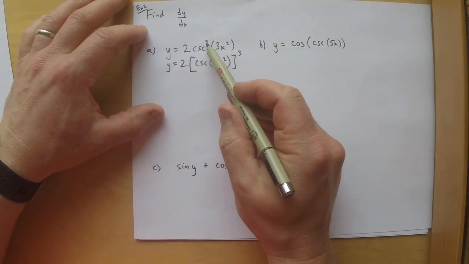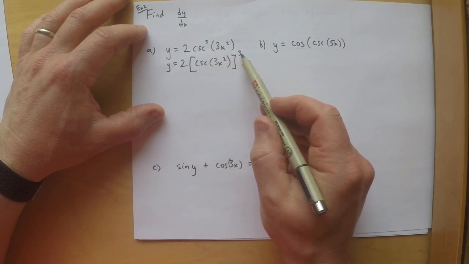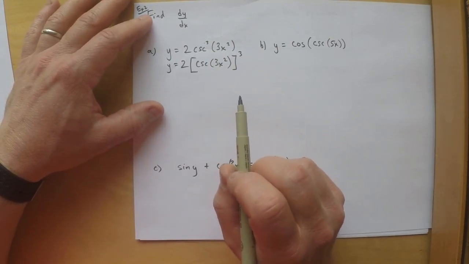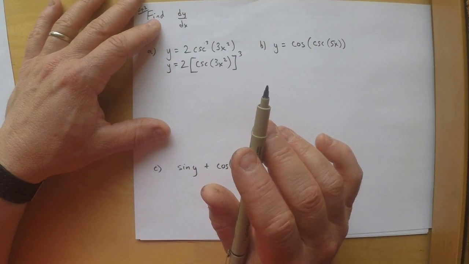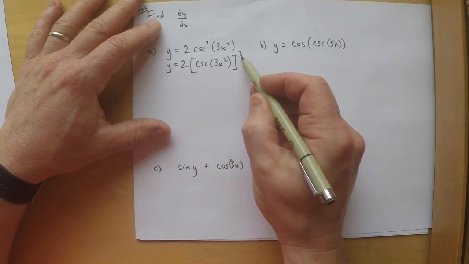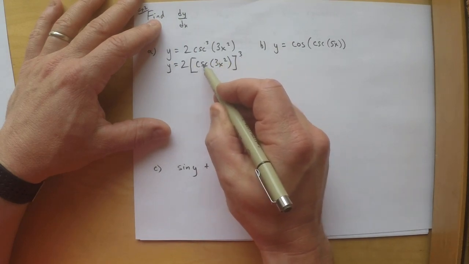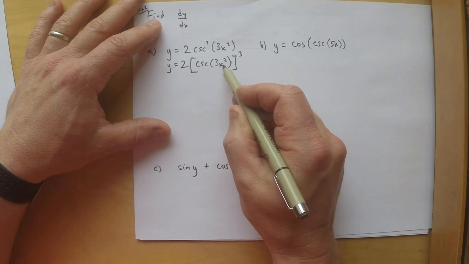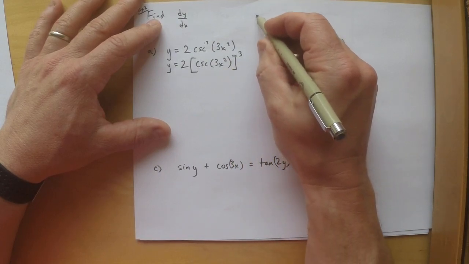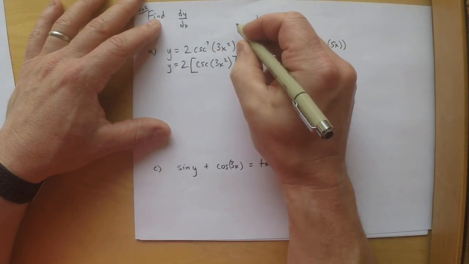With that cube there, it's nice for writing, but poor for analyzing. So what do I have? Well, I have basically layers. This is my outer function, this is my inner function, and then within that inner function I've got another inner function. So this is basically like a big chain rule.